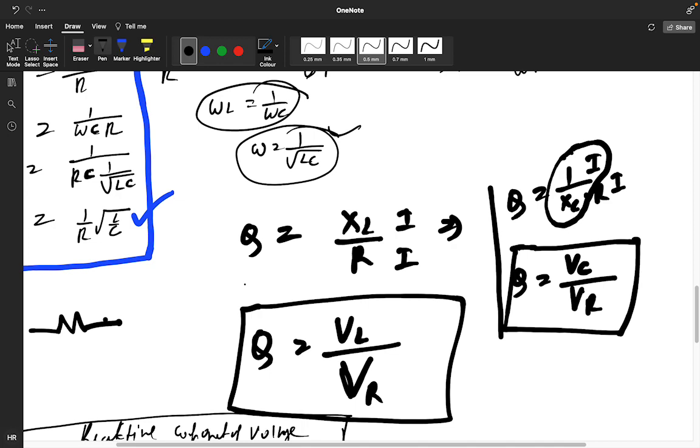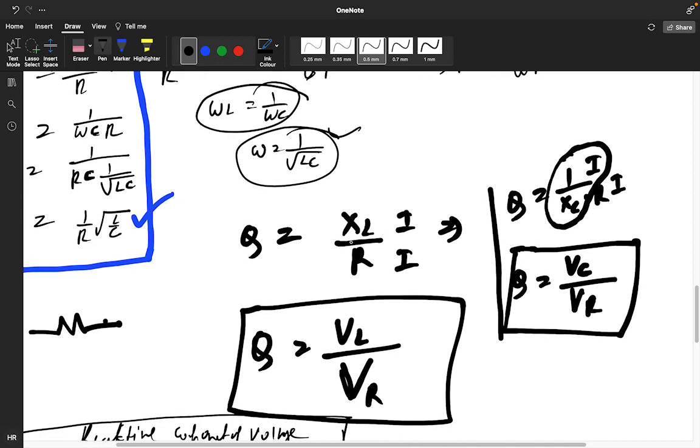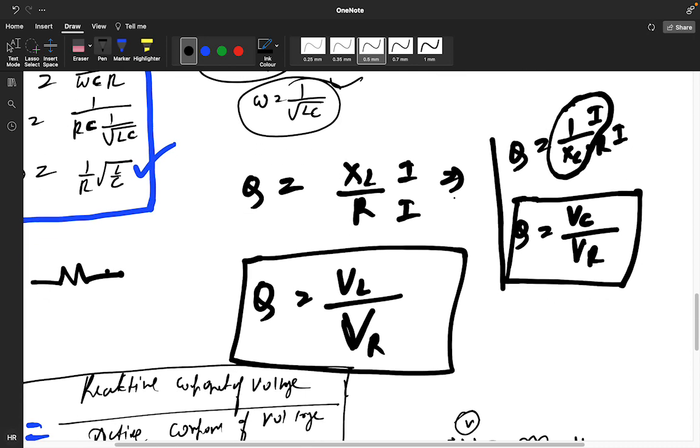This quality factor XL into I, I just multiplied I here and I here, and for the capacitor also we did XC I here and R into I here.